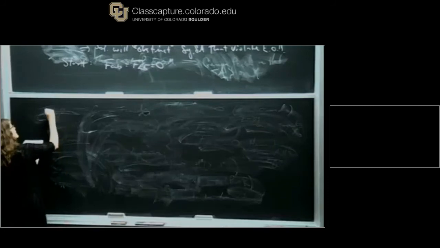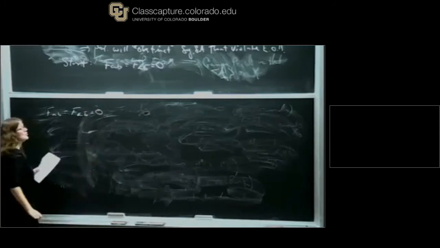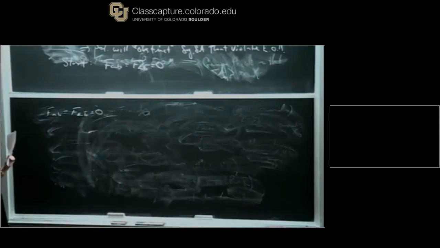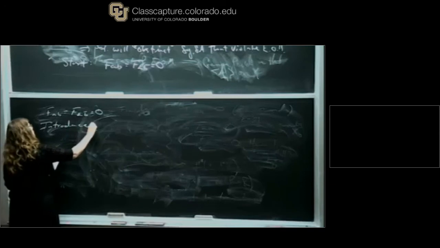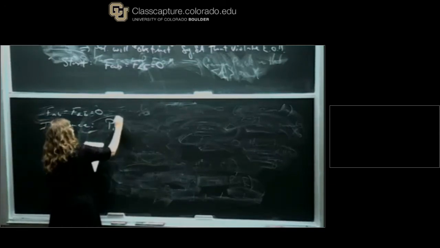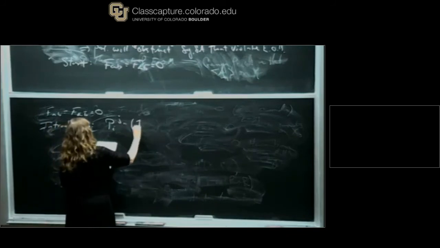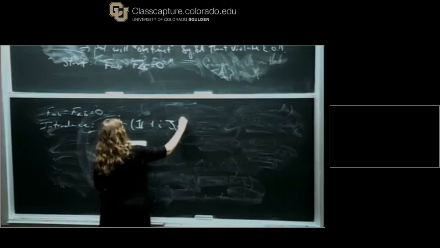So let's look at this guy in a way that we can track the variations of the complex structure. So let me introduce projection operators. Now let me define in terms of real coordinates, P^i_j equals 1 plus i times the complex structure J^i_j.